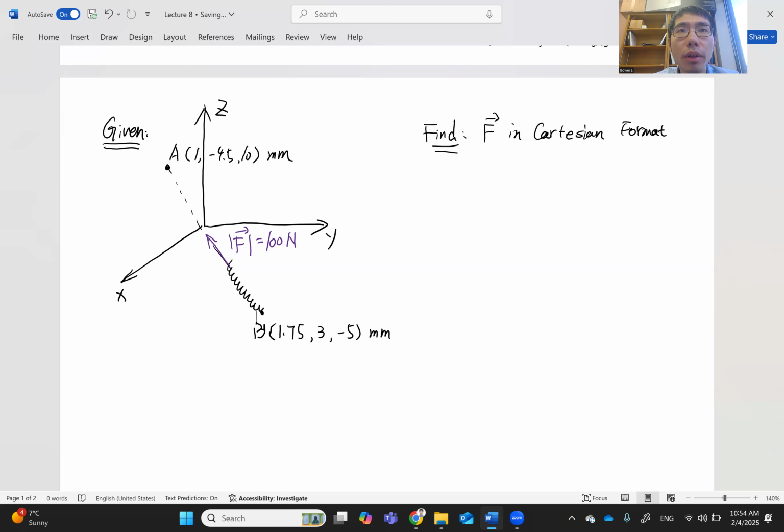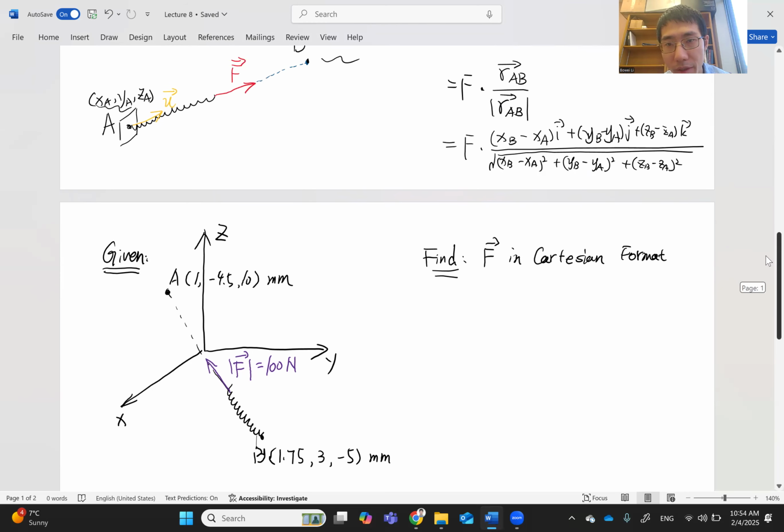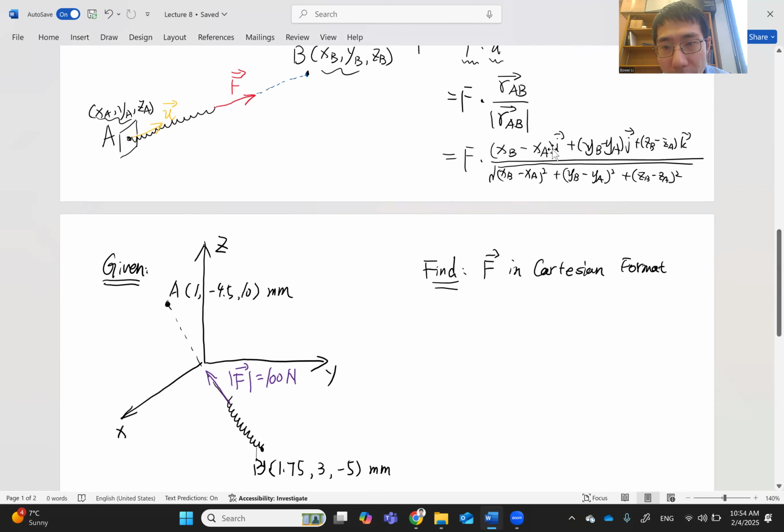So how can we approach that? Let's go back to the previous page. The answer is exactly the last line, right? We need the magnitude of the force, which has already been given in the problem statement as 100 Newton, as well as the coordinates of the start point and end point to define a position vector along the line of action.